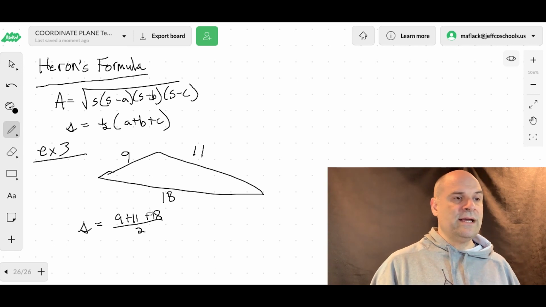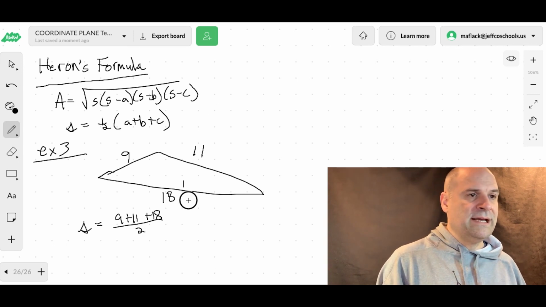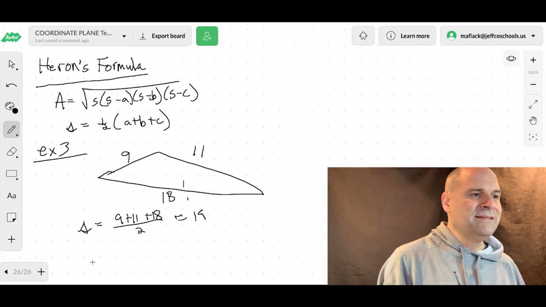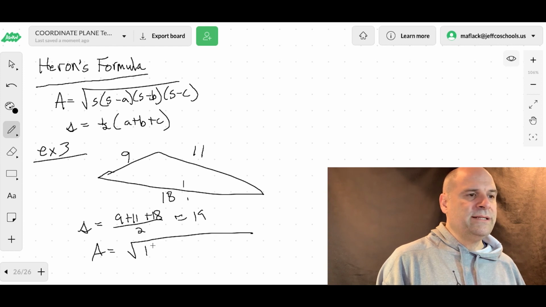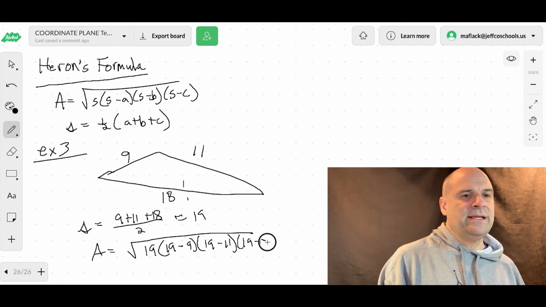That's 38 divided by 2, which is 19. Now we find the area by taking the square root of 19 times 19 minus 9 times 19 minus 11 times 19 minus 18.